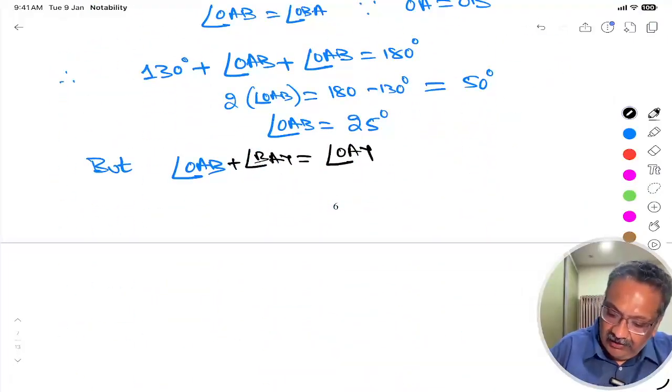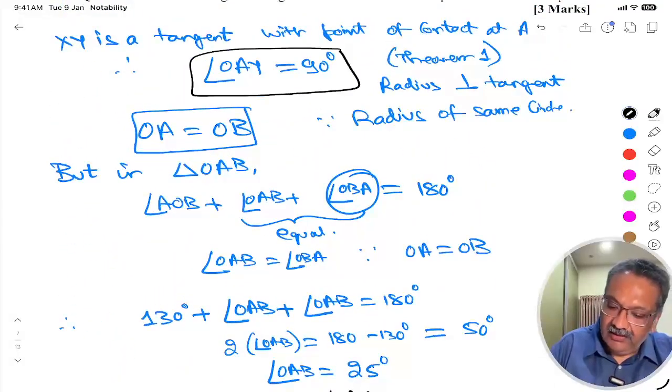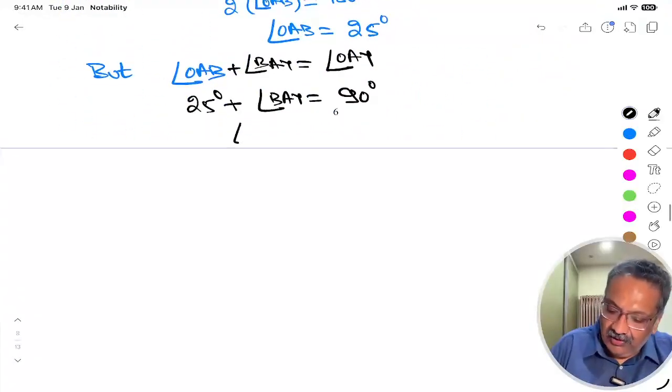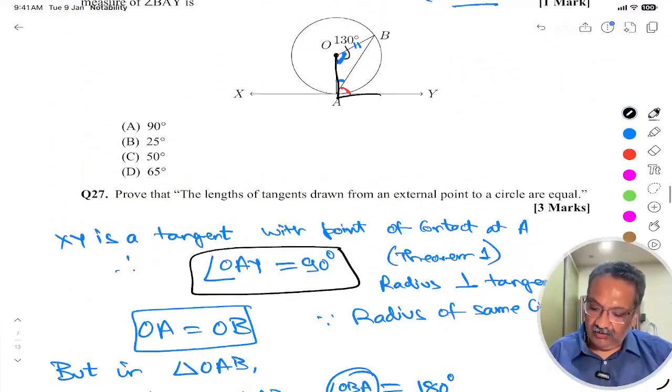So we have angle OAB as 25 degrees plus BAY, which we have to find, is equal to 90 degrees. This is OAY, 90 degrees. Therefore we have angle BAY is equal to 90 minus 25, which is equal to 65 degrees. That is the answer. Now next question.